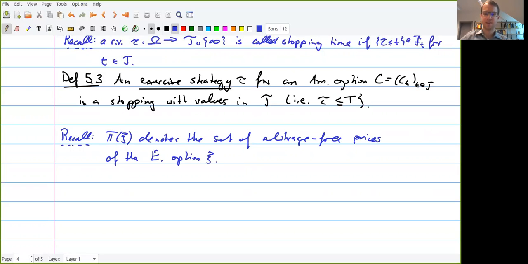Exactly. Right. And now I want to define what I mean by an arbitrage-free price for an American option. Definition 5.4. Again, a real number, so the price at time 0. So we focus on the price at time 0.